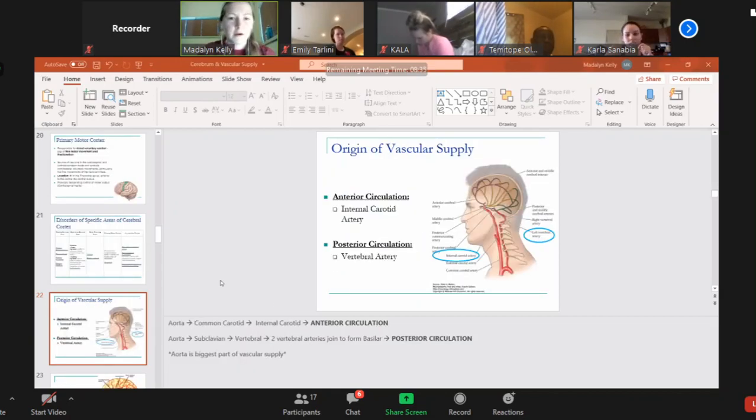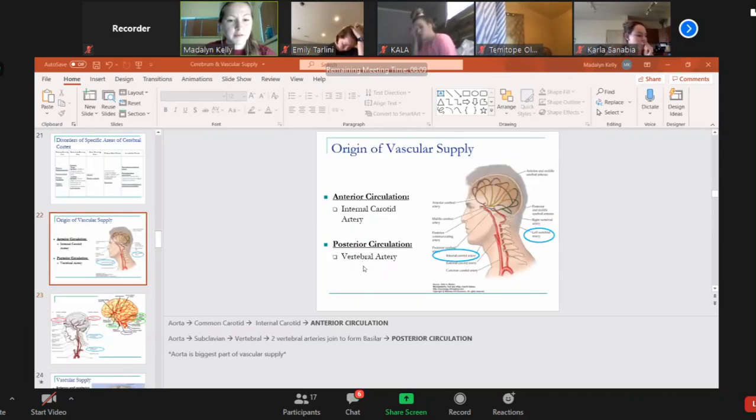All right. Origin of vascular supply. The aorta is the biggest part of vascular supply for the brain. It's going to have branches that come from the front and come from the back. So just know where the anterior circulation comes from and where the posterior circulation comes from.